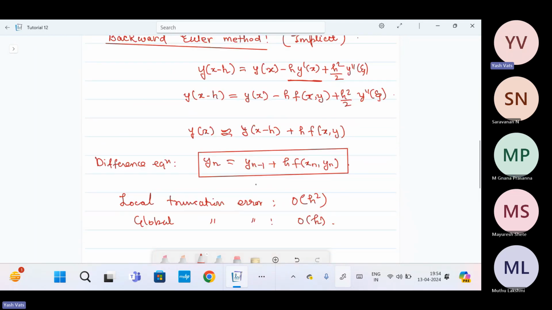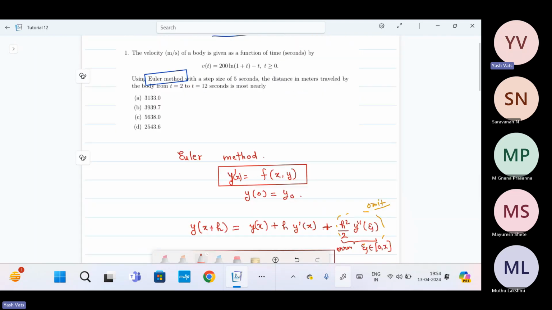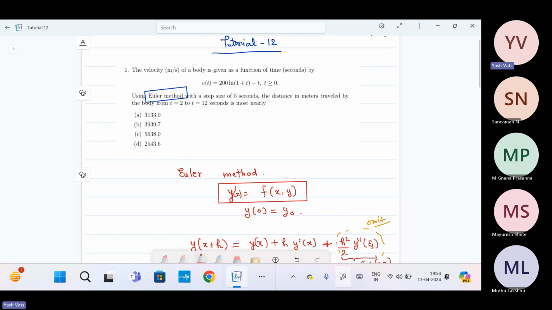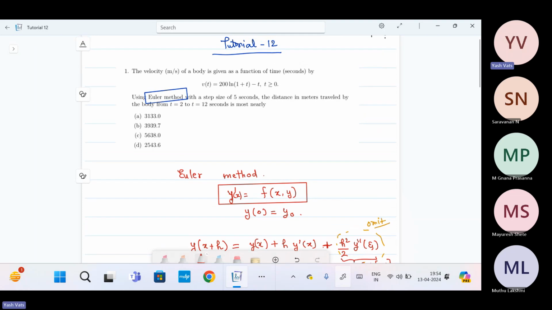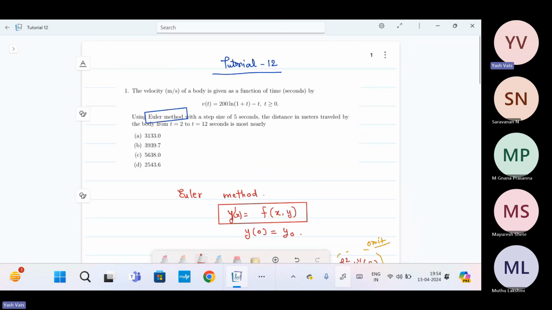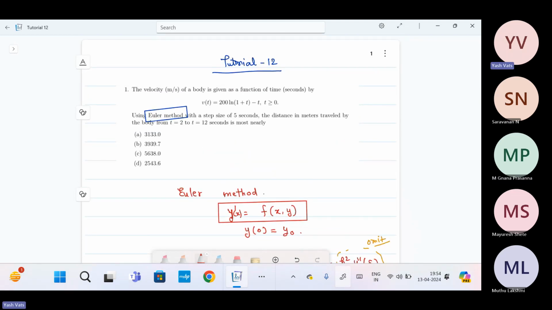Since V(t) is given to us and we are given some initial data, what is the distance? I don't think so. They have given the initial distance function.